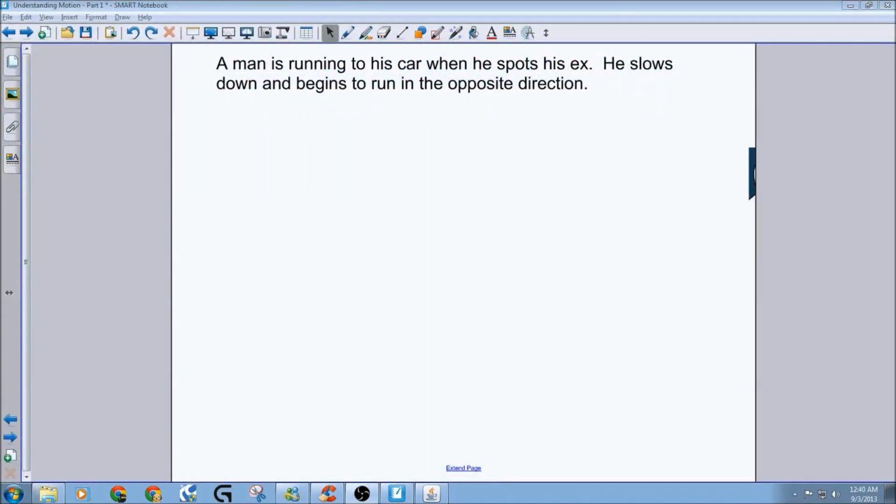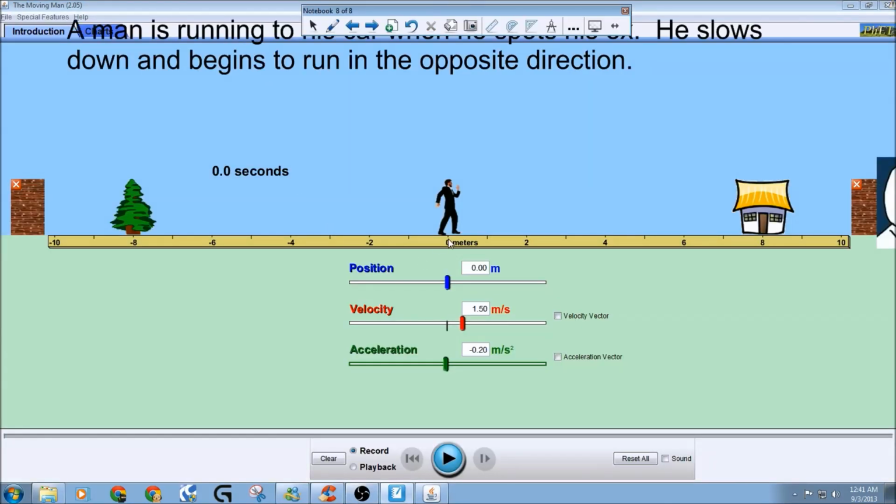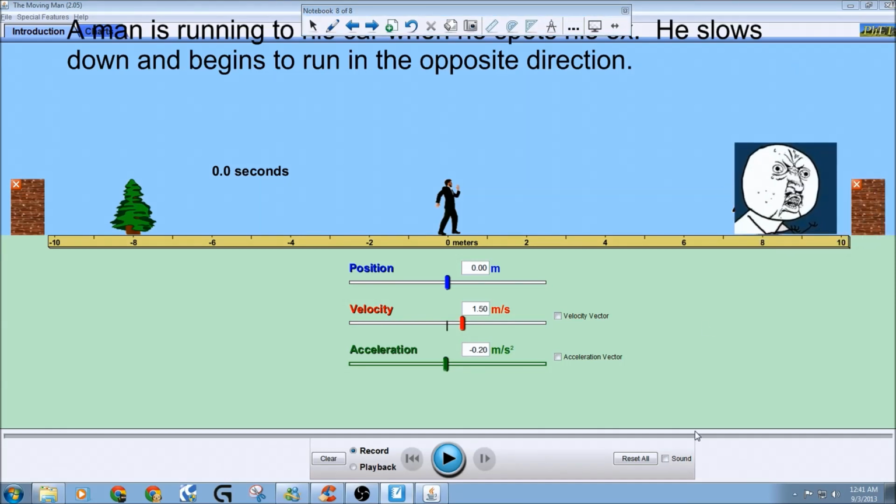In our last example, a man's running forward, he spots his X, slows down, and begins to run in the opposite direction. Sketch a motion map of what this might look like. So here we have our man starting at 0, and there's his X. And we are going to go ahead and do a little bit of sketching now.